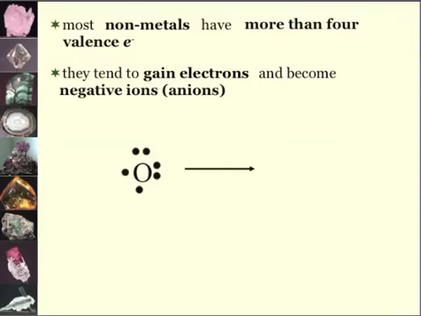And now to represent this as the negative anion that it is, I take my oxygen, right? I know that oxygen here has its 6 electrons. Now it's going to gain 2 more valence electrons, the ones shown here in red, in order to complete its octet, okay? We put the brackets around it and we show the charge, which in this case is 2 negative.